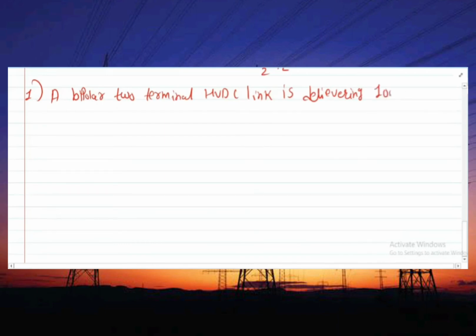First example: a bipolar two-terminal HVDC link is delivering 1000 megawatt at plus or minus 500 kV at the receiving end.